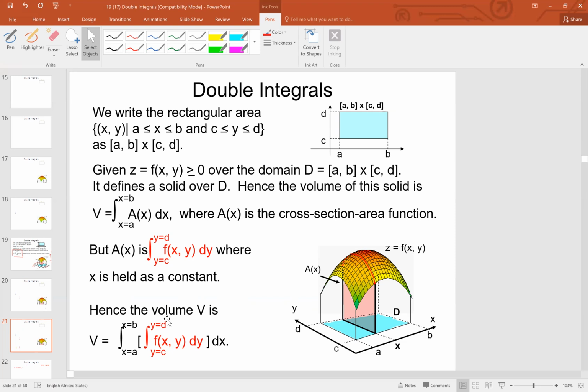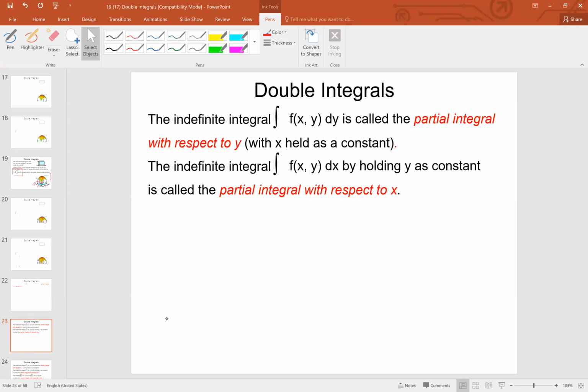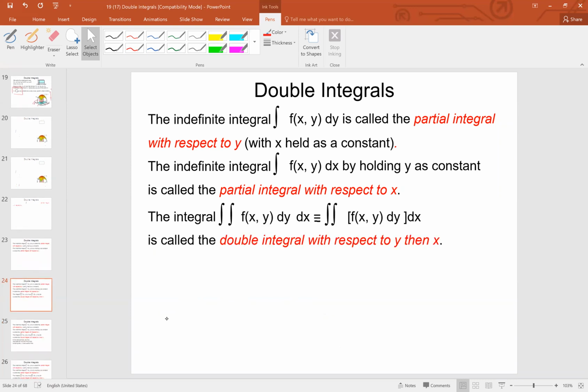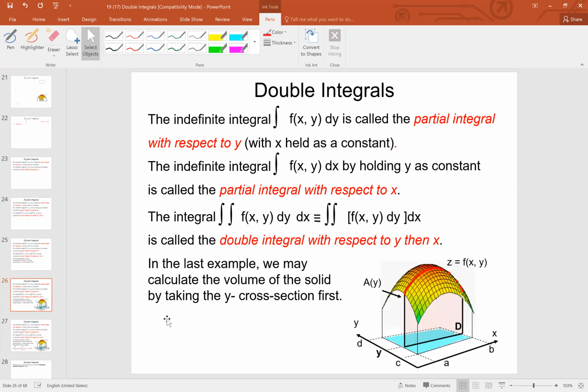And there are two ways to set it. I can set it as the integral of cross-sectional A of x, or I can slice it the other way, as the integral of cross-sectional A of y.